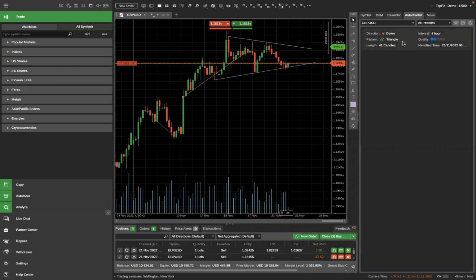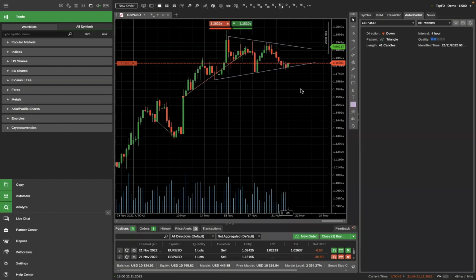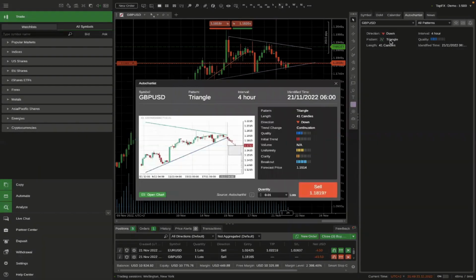And what it tells you here in the Autochartist is that there is going to be a breakout to the downside. Breakout probability is very, very big, 7 out of 10. So the breakout to the downside is the way you want to trade this pattern.